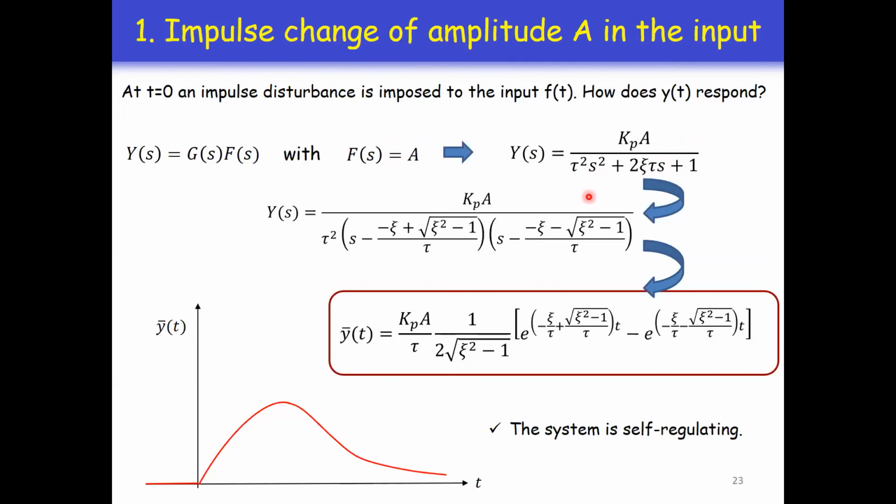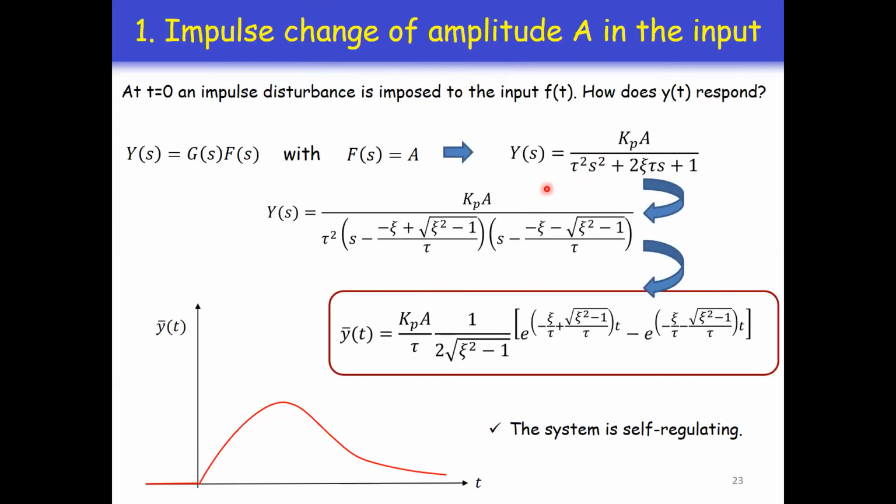Again, this does not answer the question. We have to anti-transform back to the time domain. How can I do this? Now you have to invent a method to anti-transform. So you can use the partial fractioning method, if you like it. You can use the Heaviside method, if you like it. So obviously, xi is positive, larger than 1.